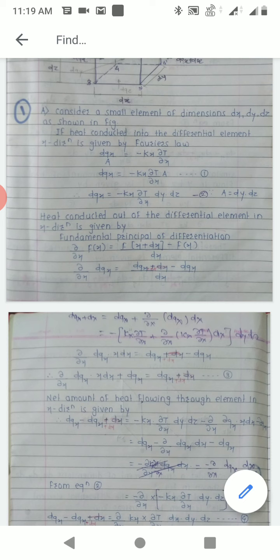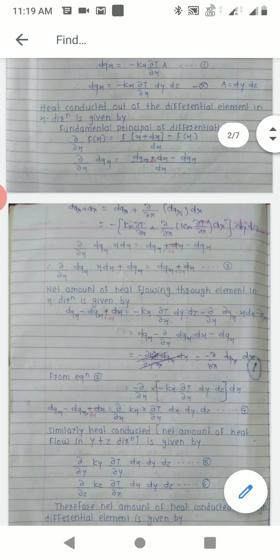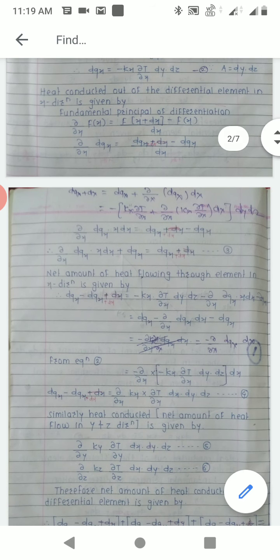Now the net amount of heat conduction is the difference between heat conducted into the element and heat conducted out of the element. After subtracting dqx minus dqx plus dx, finally we get our answer in equation number 4, that is dou by dou x of kx into dou T by dou x dx dy dz.